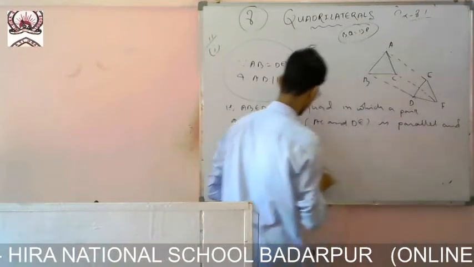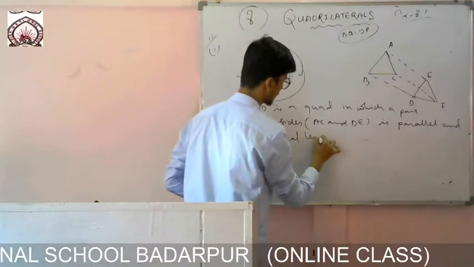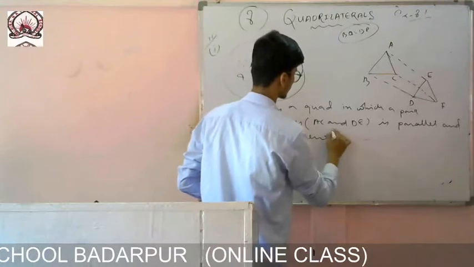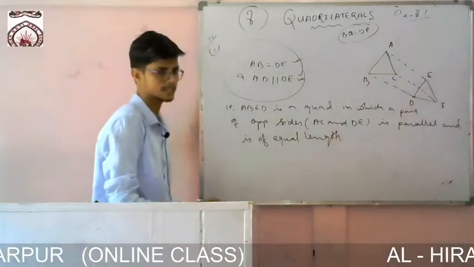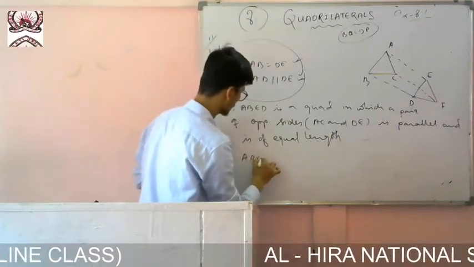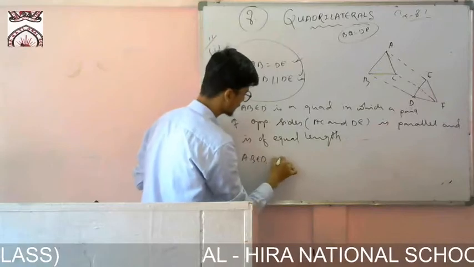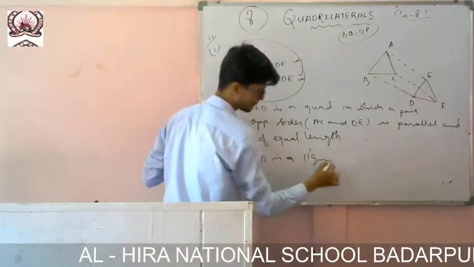So you see, the lines are equal, the lines are parallel to each other. So I can say that ABED is a parallelogram. Therefore ABED is a parallelogram.